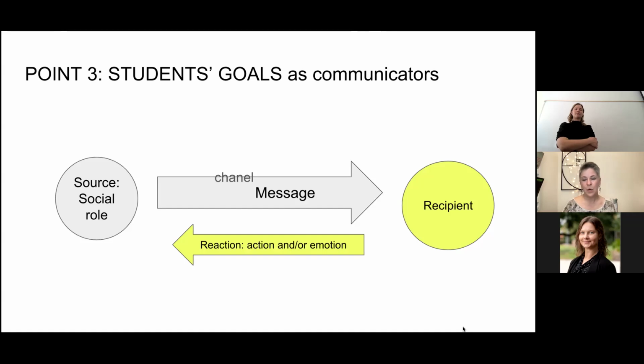Then we are coming to more practical aspects. So language is a tool, it is a means of communication.